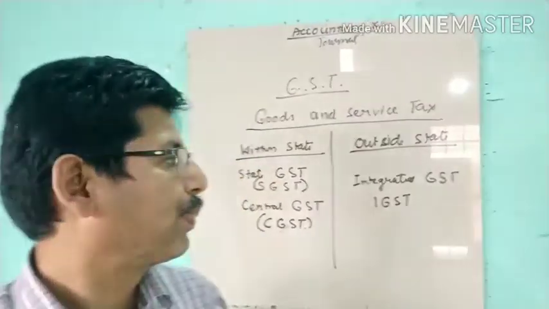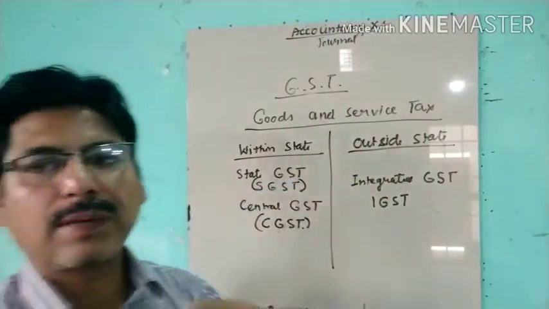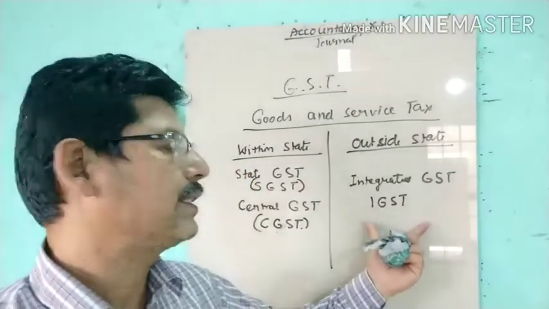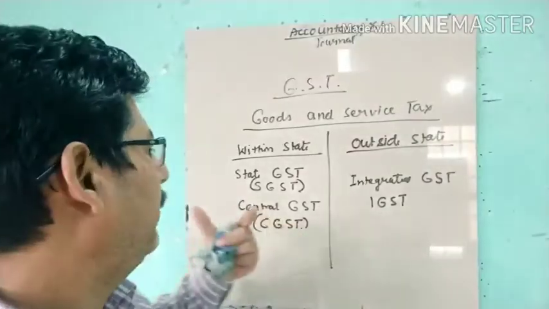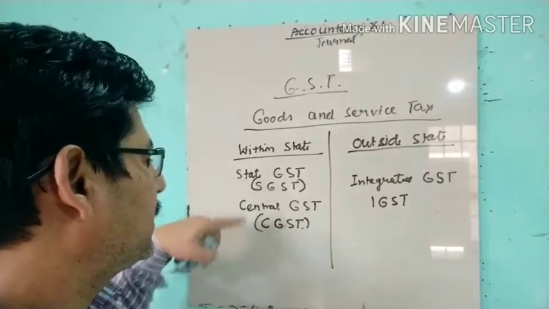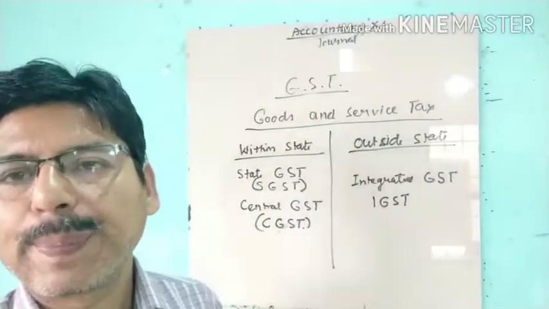So when goods are bought and sold outside the state, IGST is levied, and within the state 2 taxes are levied, SGST and CGST.